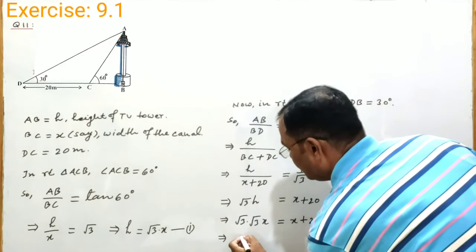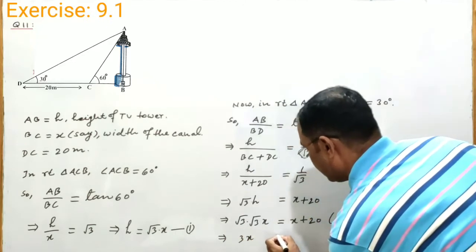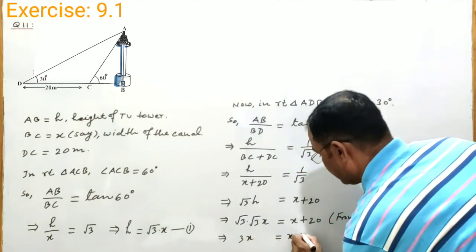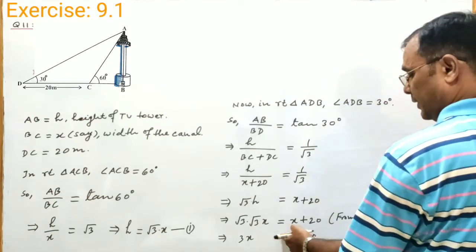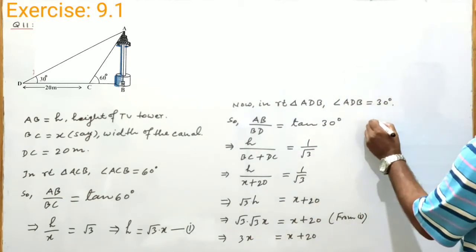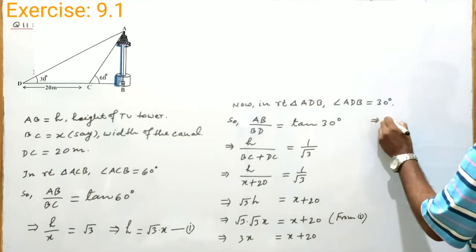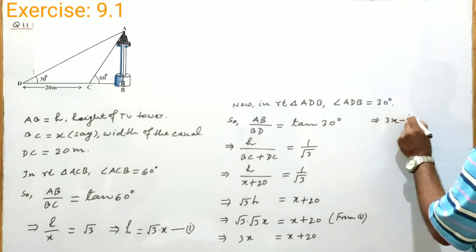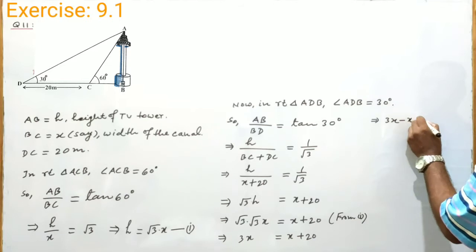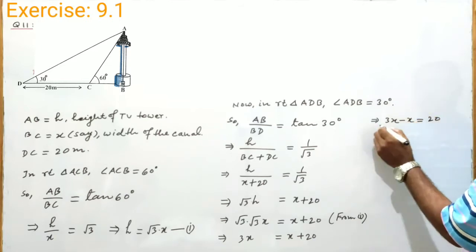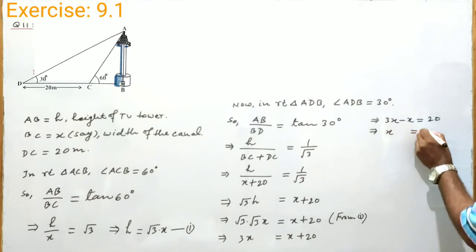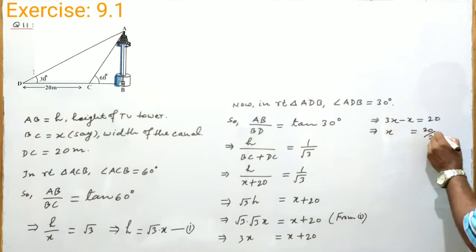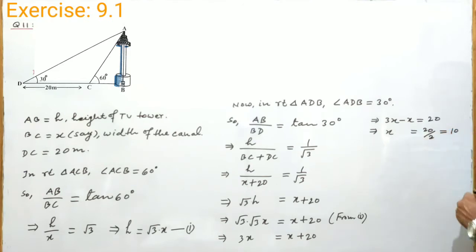Root 3 into root 3x, that is 3x, equal to x plus 20. Transpose this x from right side to left side, we get 3x minus x equal to 20. So 2x equal to 20, so x equal to 20 by 2, that is 10.